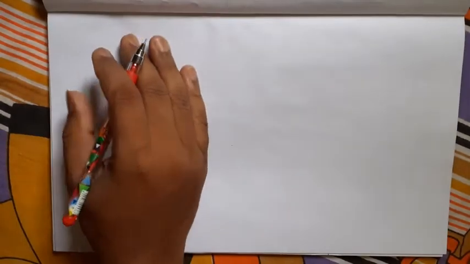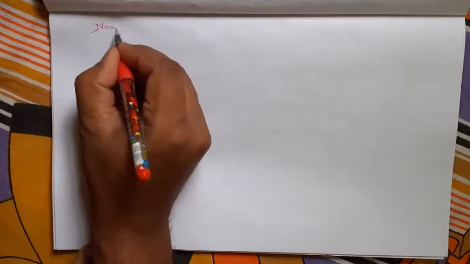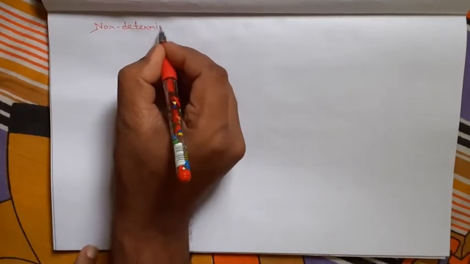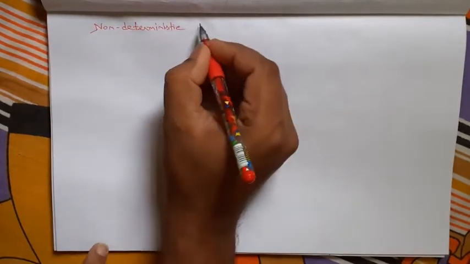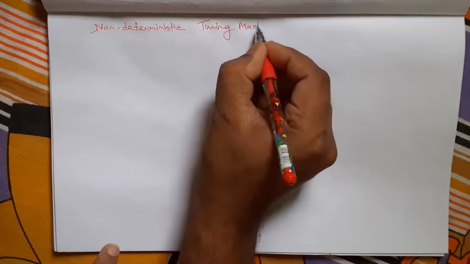So the non-deterministic Turing machine we need to learn. That's why today I am going to show you the non-deterministic Turing machine. So let me take the heading: non-deterministic Turing machine.